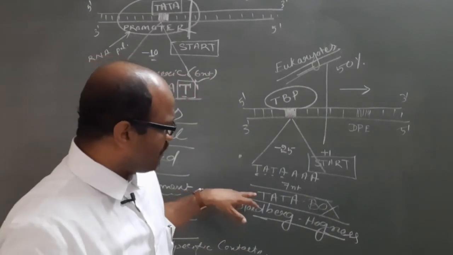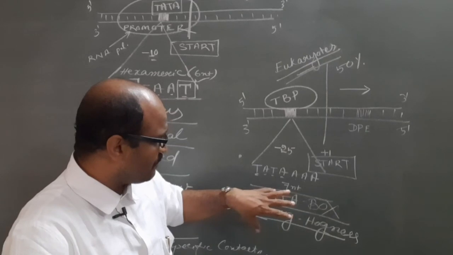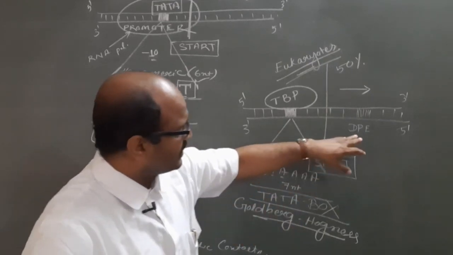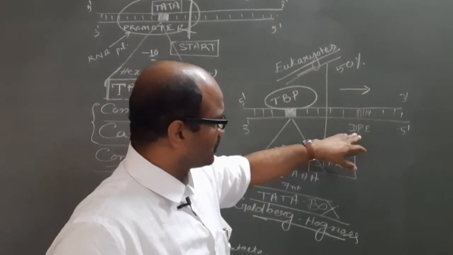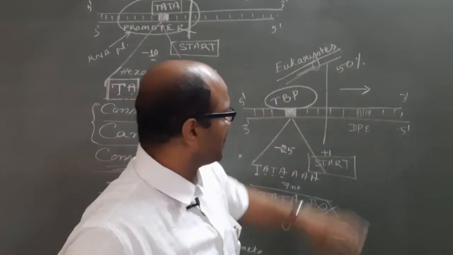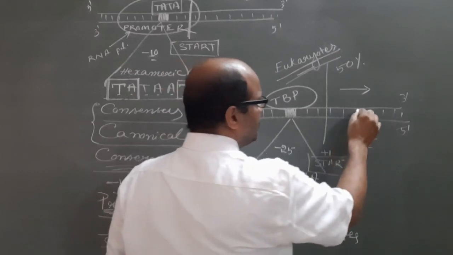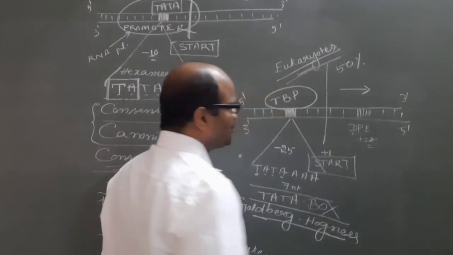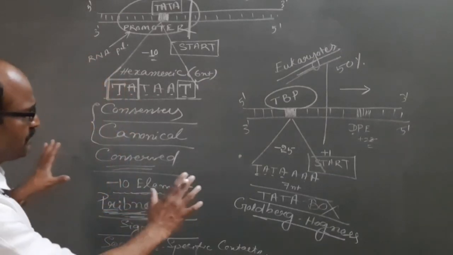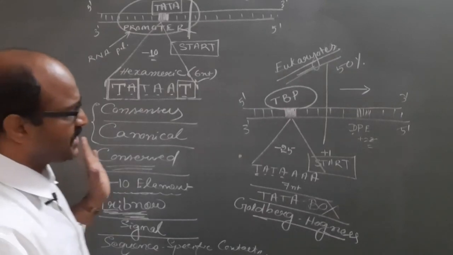The function of the TATA box is taken over by other consensus sequences in eukaryotes, which are present at about +28, and this region is known as the downstream promoter element. So this is all about the TATA box and the Pribnow box or the -10 element.